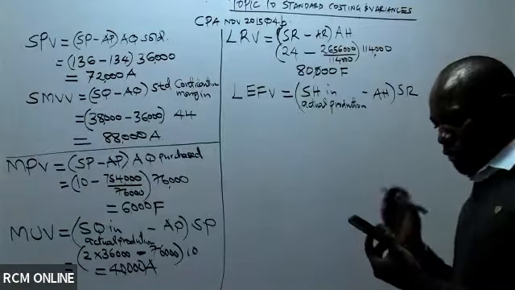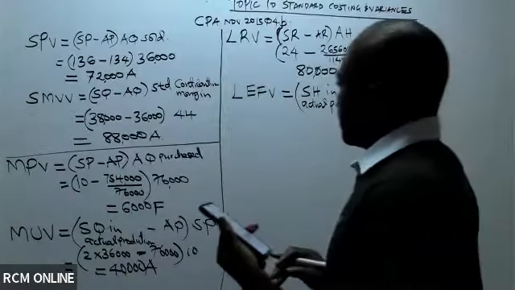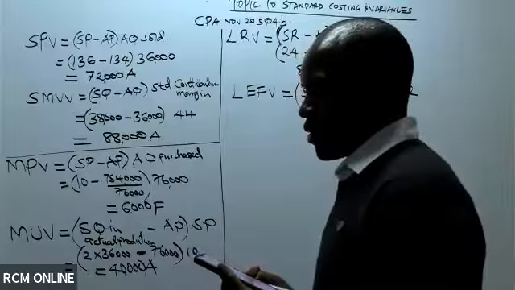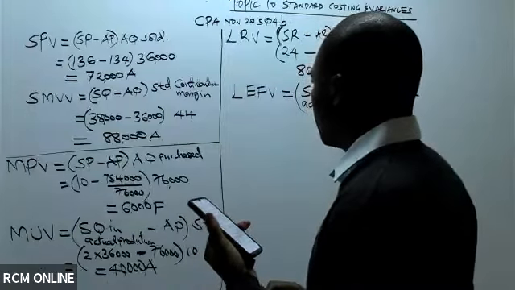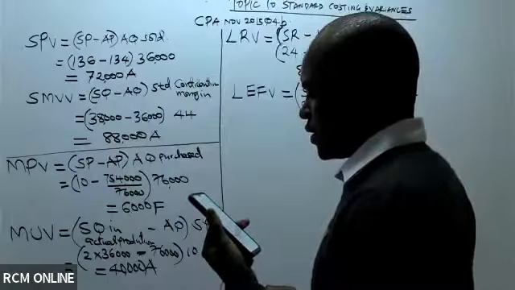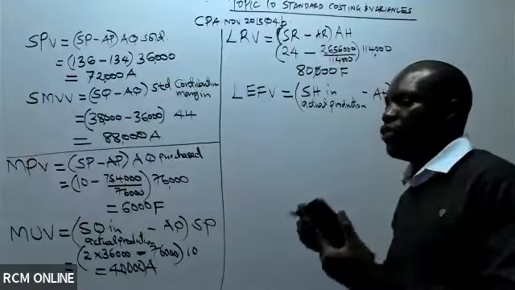So if I look at this question, I'm able to see standard hours per unit. If you are keen enough, you'll be able to see. So the standard hours in actual production. How many hours do we need to produce a unit of Q?